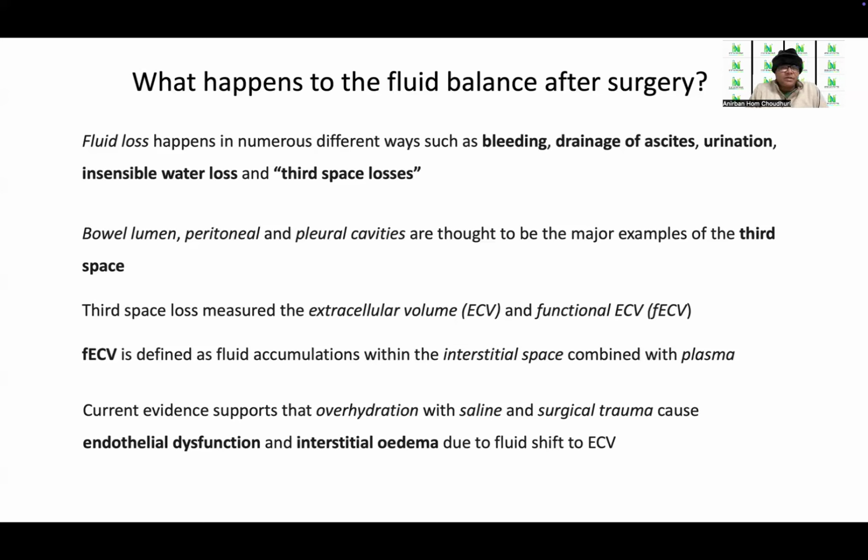And one term has been used besides third space, it is called the functional extracellular fluid volume. The functional extracellular fluid volume is the fluid accumulation within the interstitial space combined with plasma. And when the third space loss is measured, it measures the extracellular volume and the functional extracellular volume.